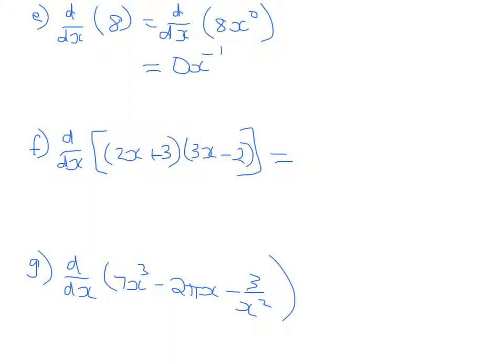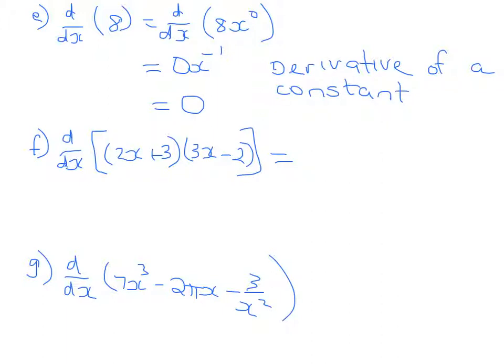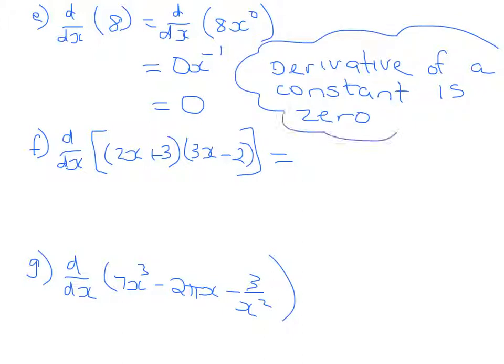Well, it doesn't really matter what the index is. Anything times by 0 is 0. So there's another rule, that the derivative of a constant, a number with no x, really it's x to the 0, the derivative is 0. And the reason is given up there.